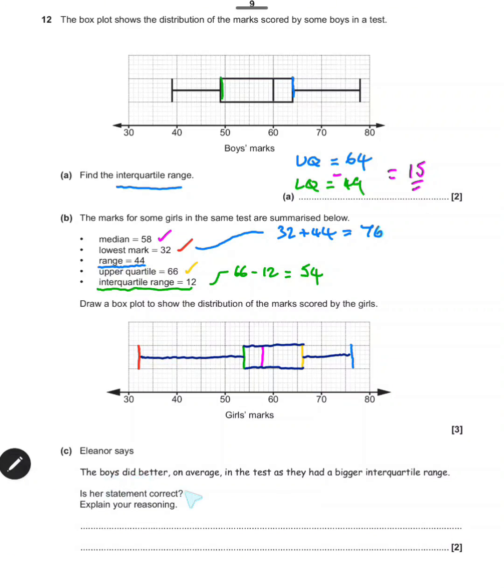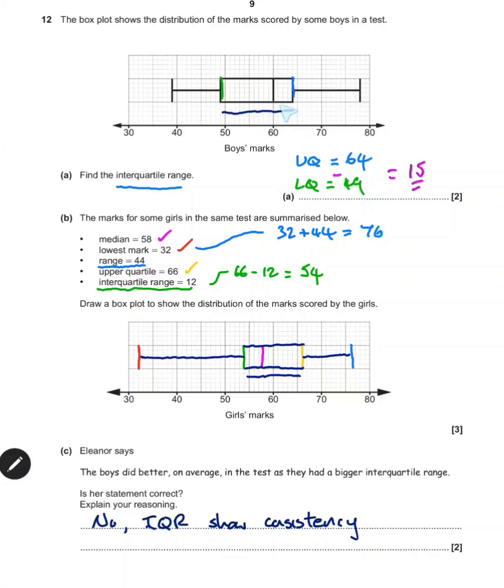Part C, my mate Eleanor says the boys did better because they had a bigger interquartile range. Remember, interquartile range is how far apart this box is. Is she correct? Explain your reasoning. The answer is no. The interquartile range only shows how consistent they were.